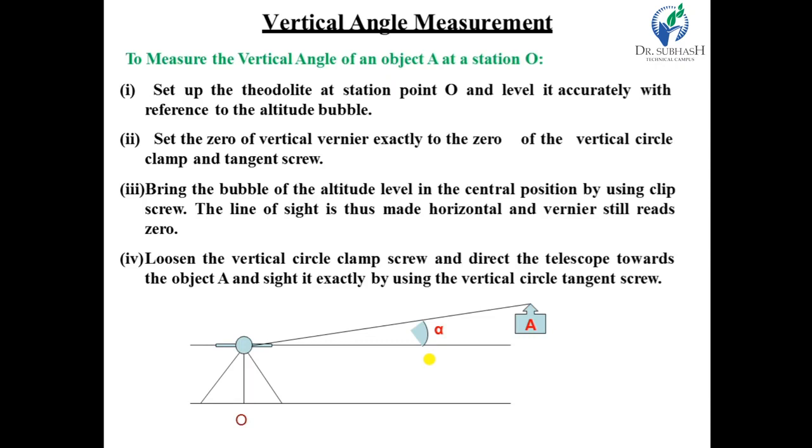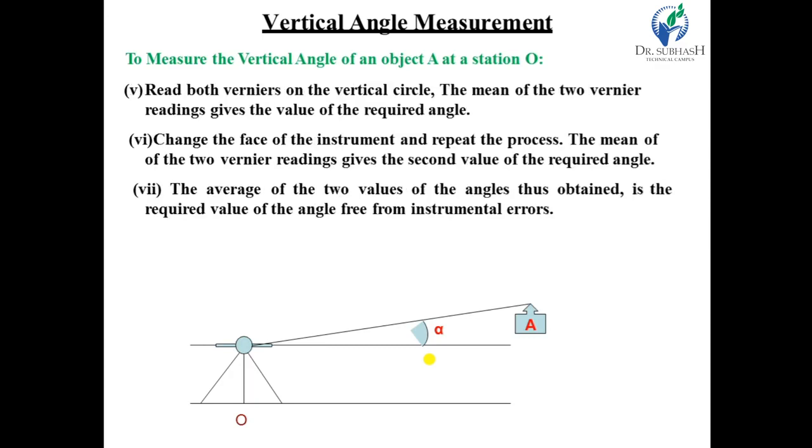After that, we loosen the vertical circle clamp screw and direct the telescope towards the object A, sight it properly and fix the vertical circle screw. Then we read both verniers of the vertical circle. The mean of the two vernier readings gives the value of the required angle.